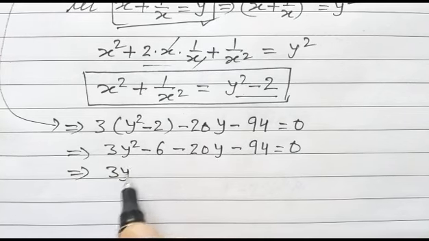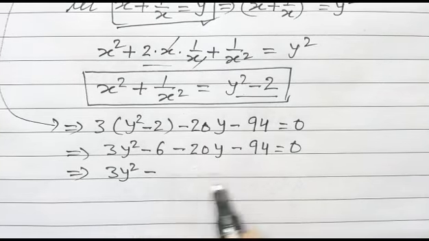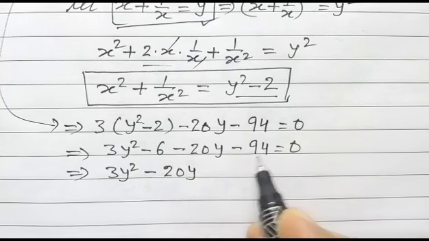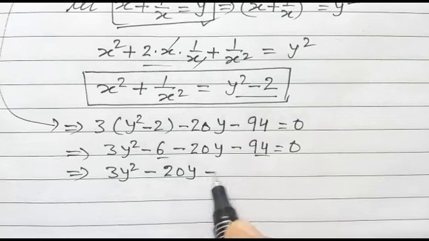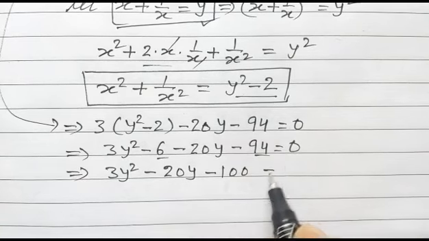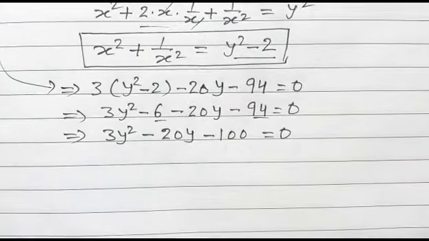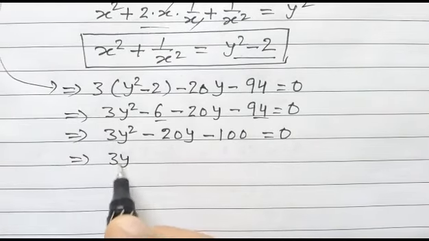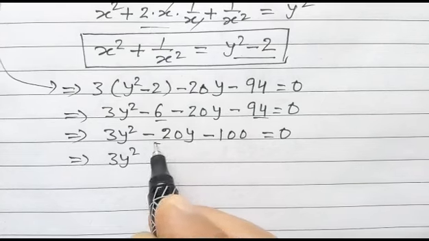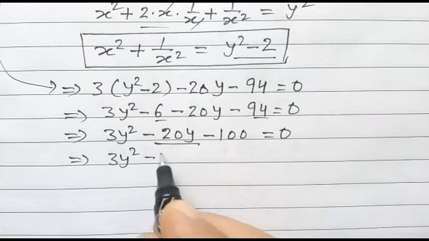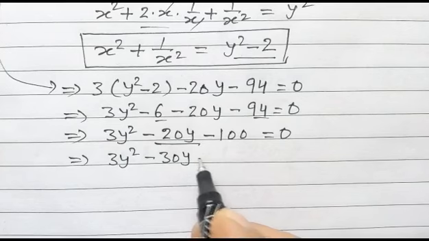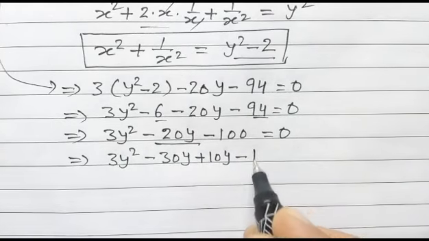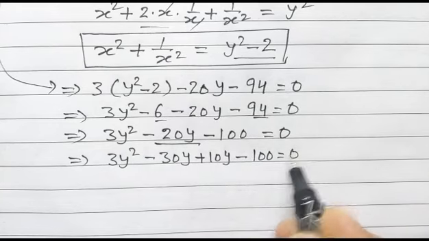So 3y² − 20y, combining this and this, − 100 = 0. So 3y² − 30y + 10y − 100 = 0.